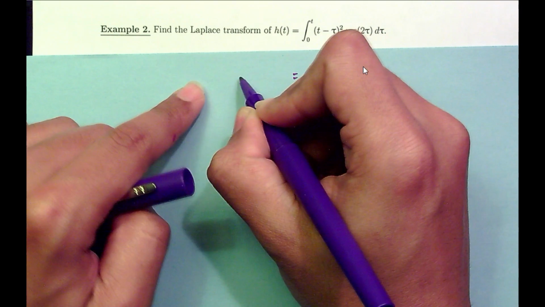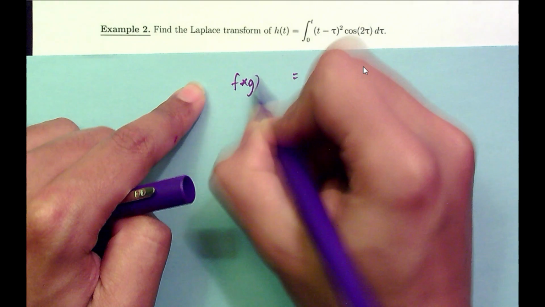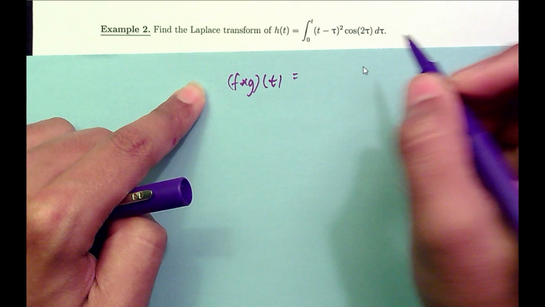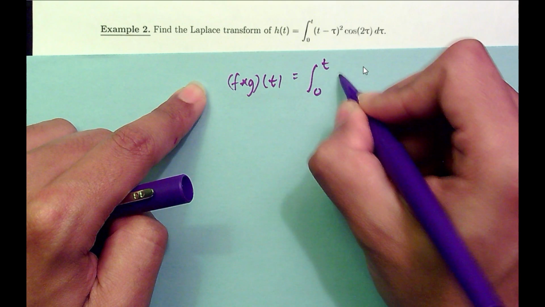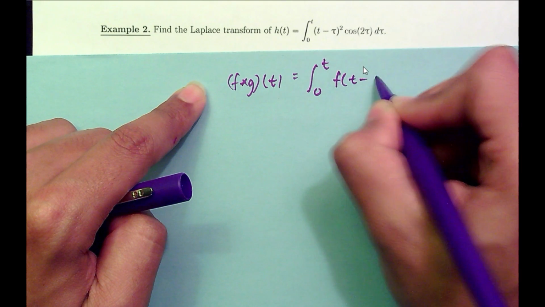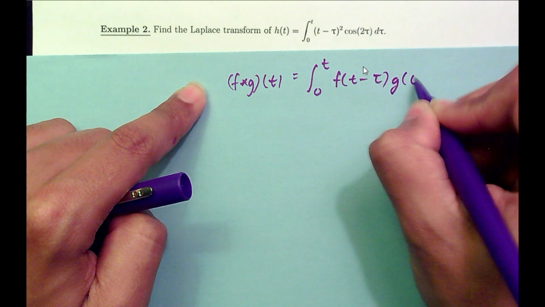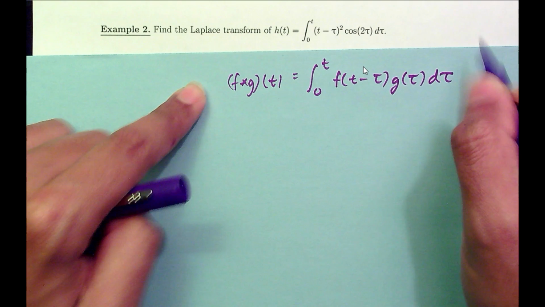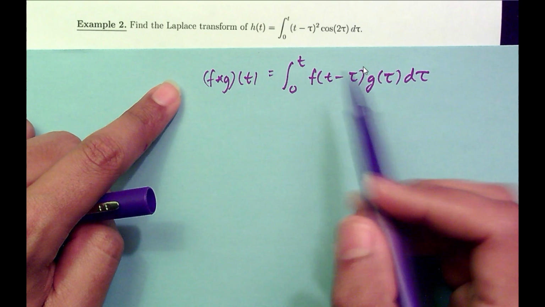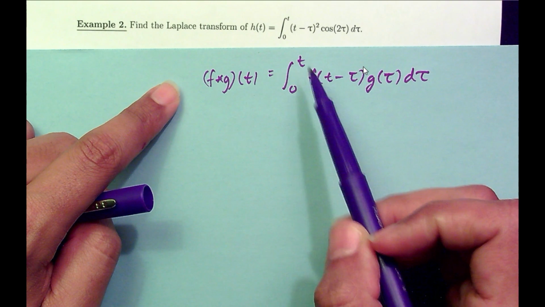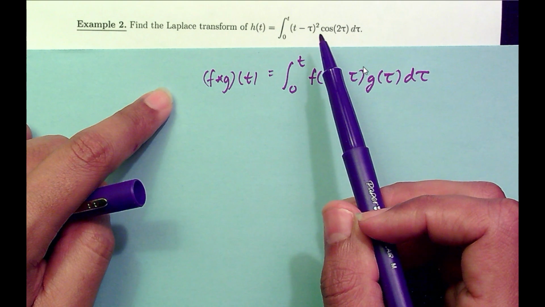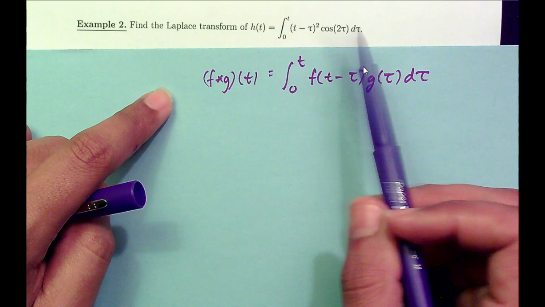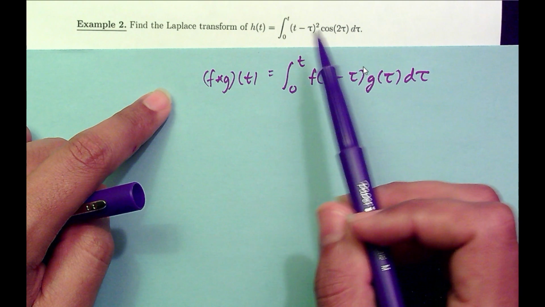So what is the convolution product? This is the integral from 0 to t of f of t minus tau, g of tau d tau. A direct comparison shows that this has exactly the same form, so in fact this is a convolution product.